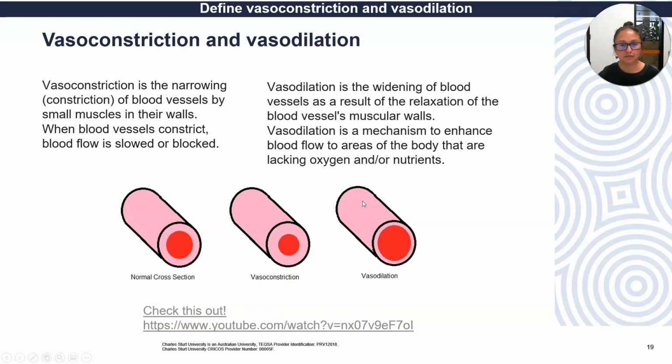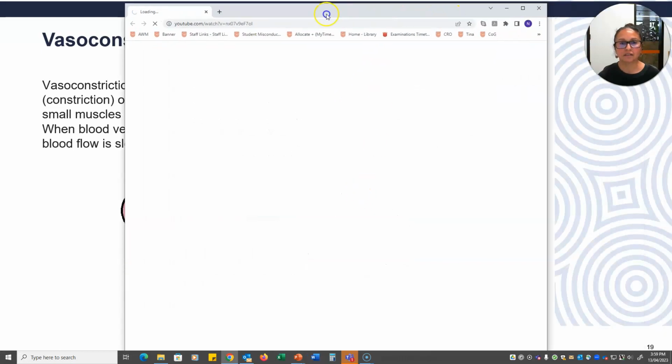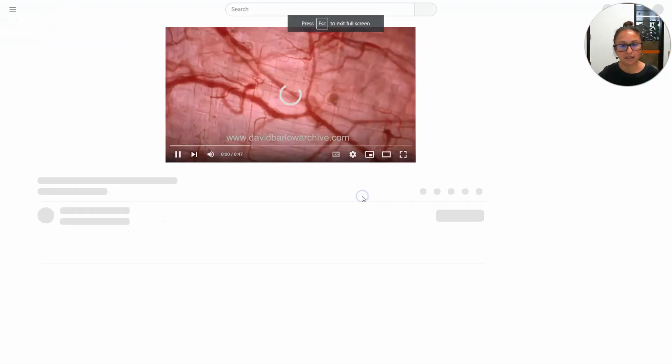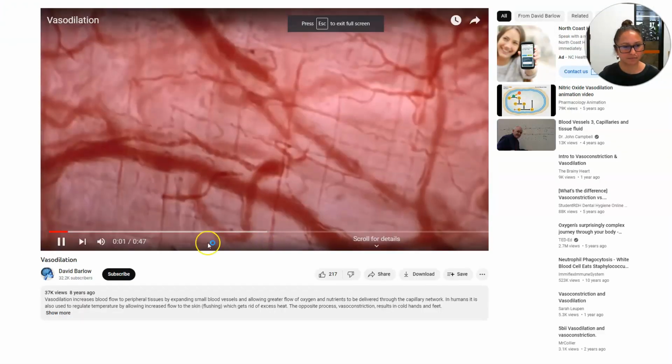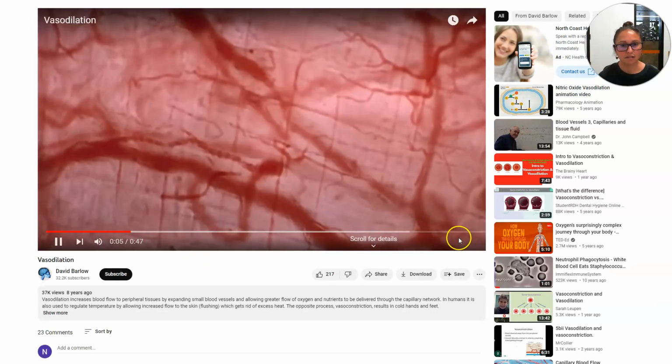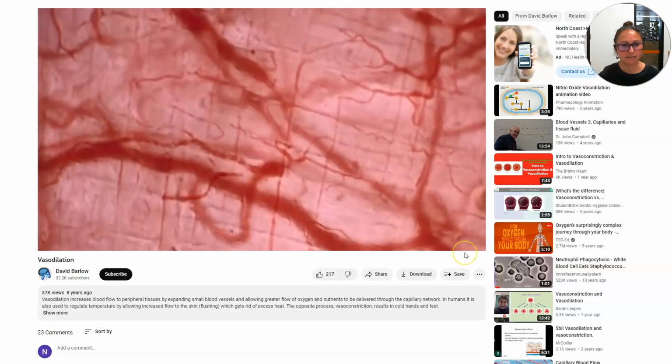It shows you vasodilation. Here we go. Let's have a look. Look at this. Look at vasodilation.